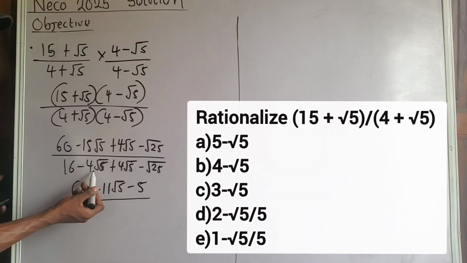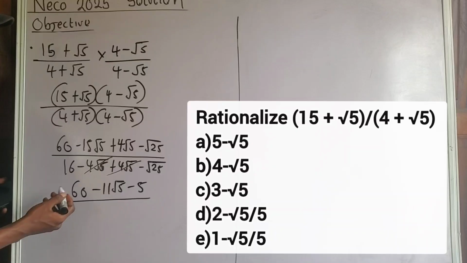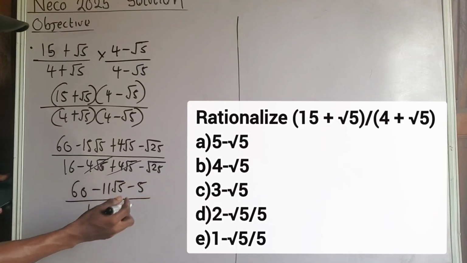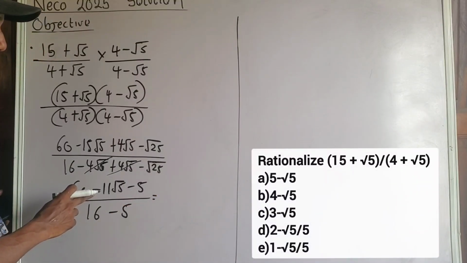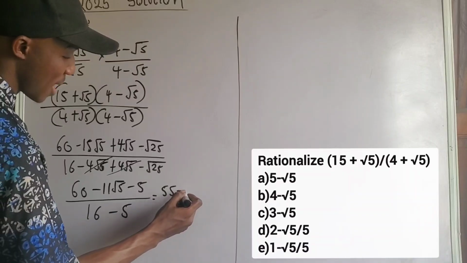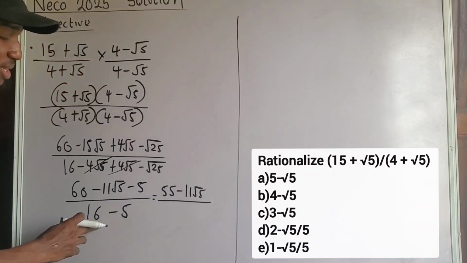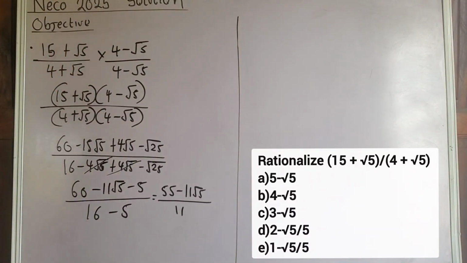Now, minus 4 root 5 plus 4 root 5 will eliminate each other, so this will cancel. I'm left with 16 minus 5, which is 11. The numerator gives 60 minus 5, that is 55. 55 minus 11 root 5 all over 16 minus 5, that is 11. Do you understand it to this point?